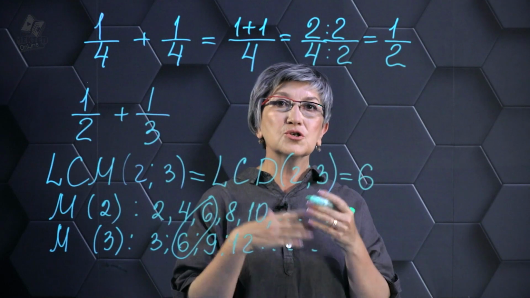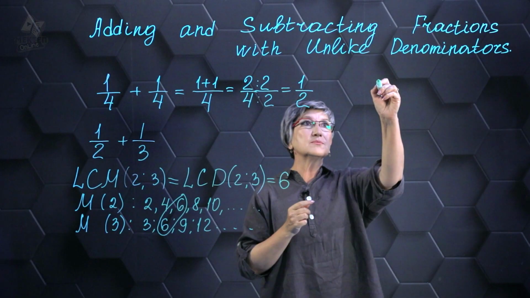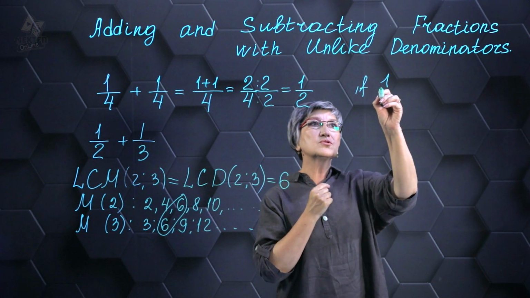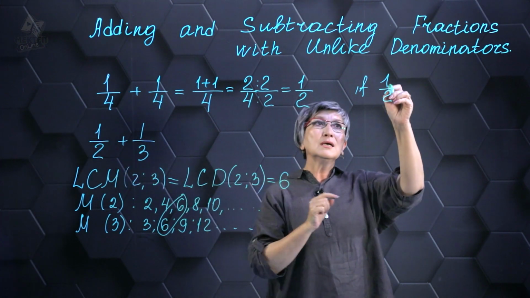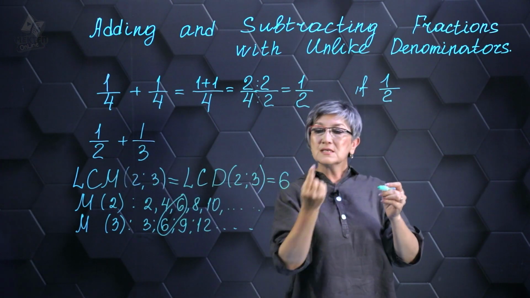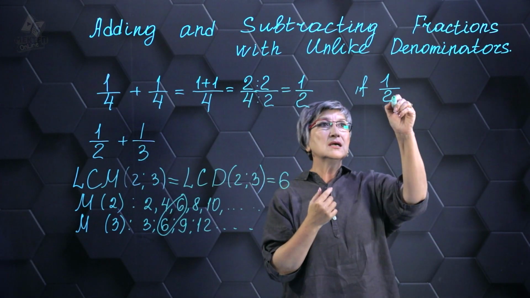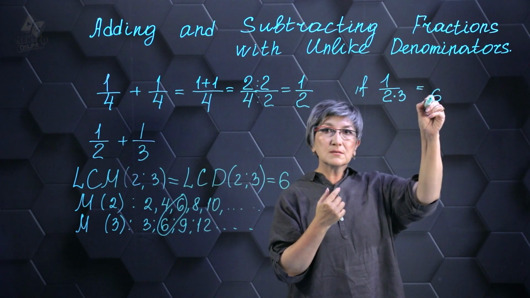So what does that give us? Let me write it down here. For 1/2, I have this fraction at hand. It is necessary for me to convert the 2 into 6. What do I have to do? I need to multiply by 3, and then I will have 6.